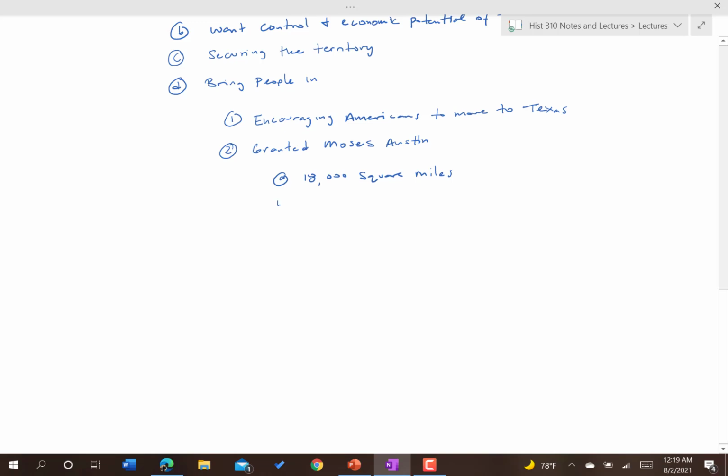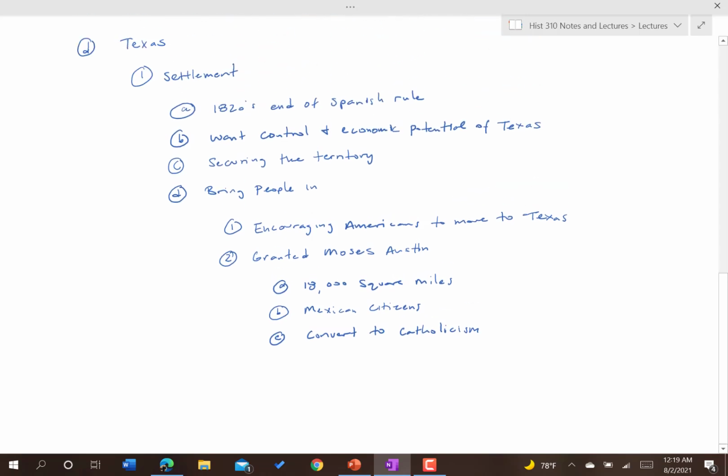But there were rules for the land, that they would become Mexican citizens and they would convert to Catholicism. Which they said, oh yeah, sure, we'll do that, no problem, because of course it's free land, and then they didn't, of course, in that process.